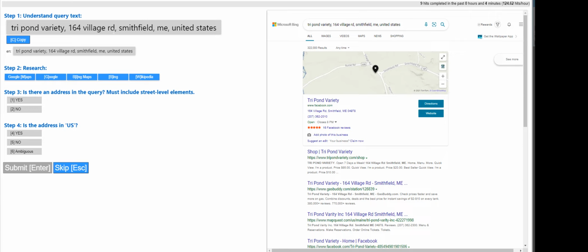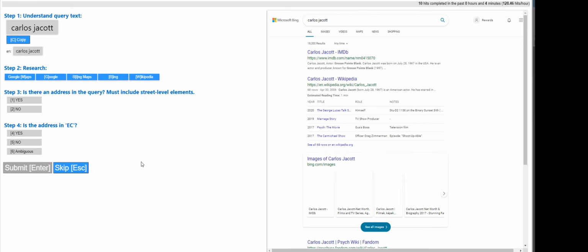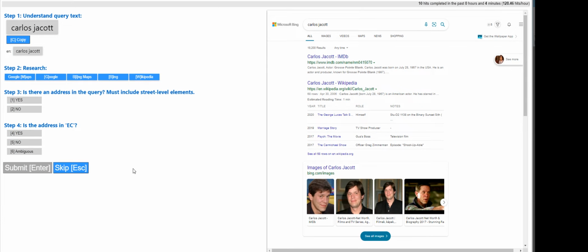I think ME stands for Maryland. I'm not sure. I'm not in the United States. So it is an address. It has the elements: street number, street name, and if it's a road, a lane, or what have you. So, is the address in the US? Yes, it is.